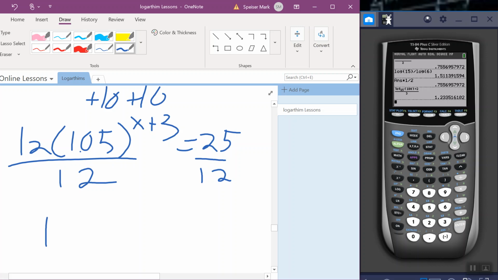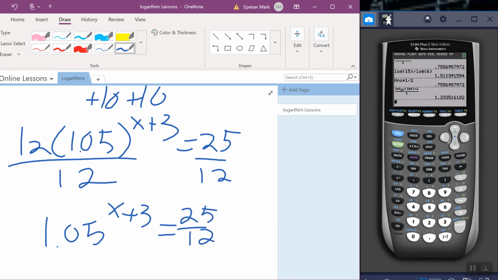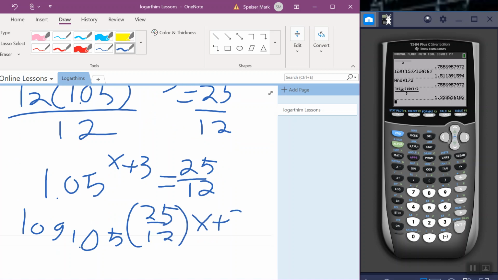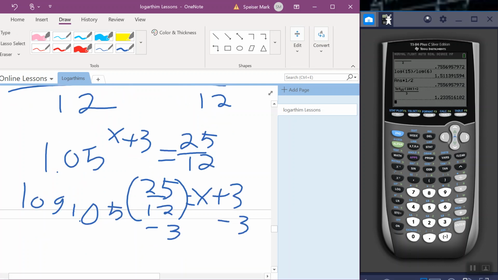So it's 1.05 to the x plus 3 power equals 25 over 12. Then you use logarithms. So log of base 1.05 of 25 over 12 equals x plus 3. You subtract 3 on both sides. That gives you the value of x.